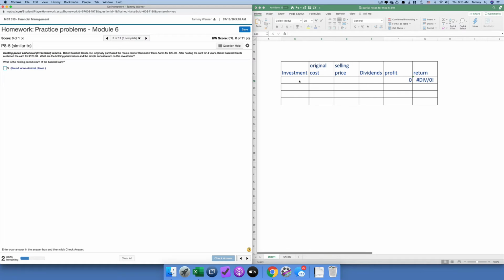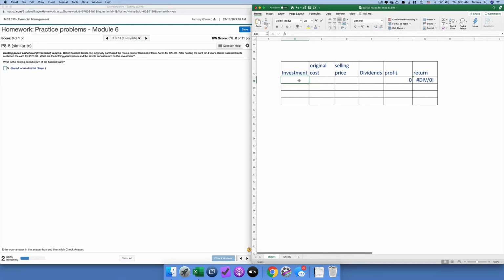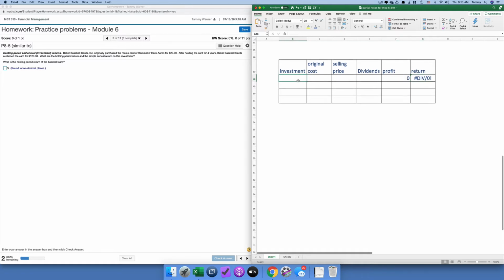Okay, the next one. So this is our baseball card example, and what I've done is just emptied out my little table here, because the profit and return calculations are the same, but then we're gonna have to do some additional calculations after this, right? So we originally purchased the rookie card of Hammerin' Hank Aaron for 20 bucks.